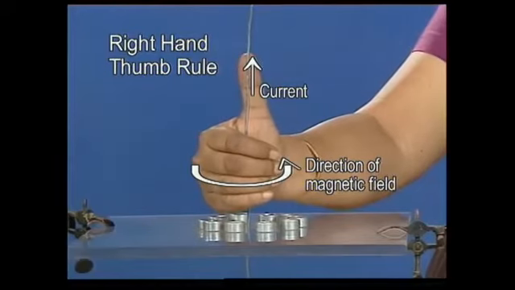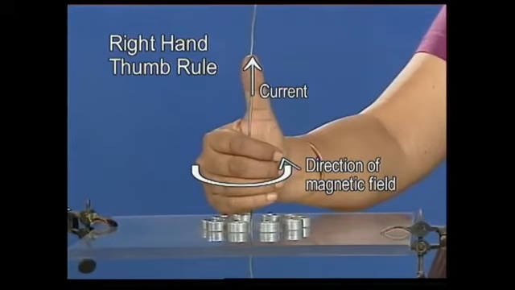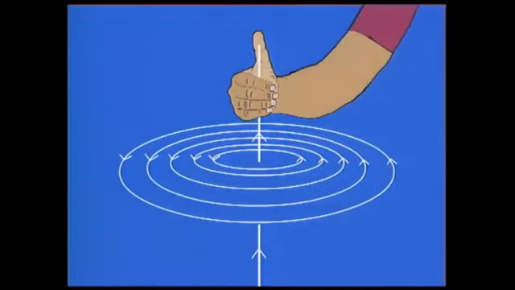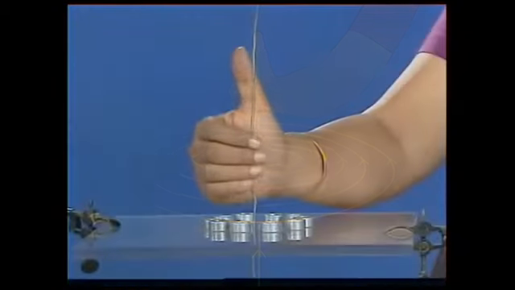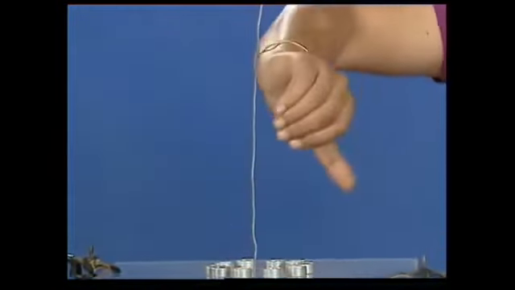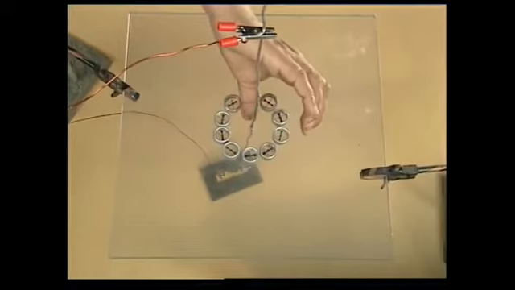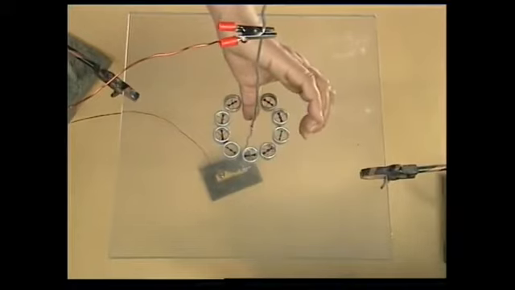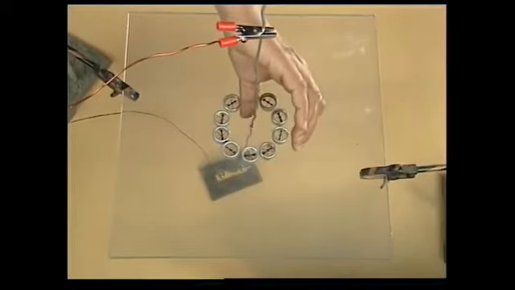This rule is called the right hand thumb rule. We can do the reverse, and this would be the direction of the field lines.